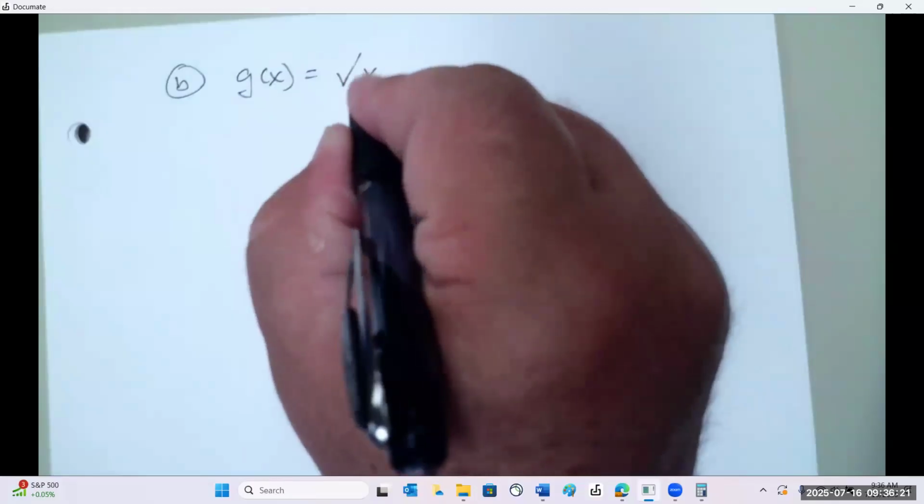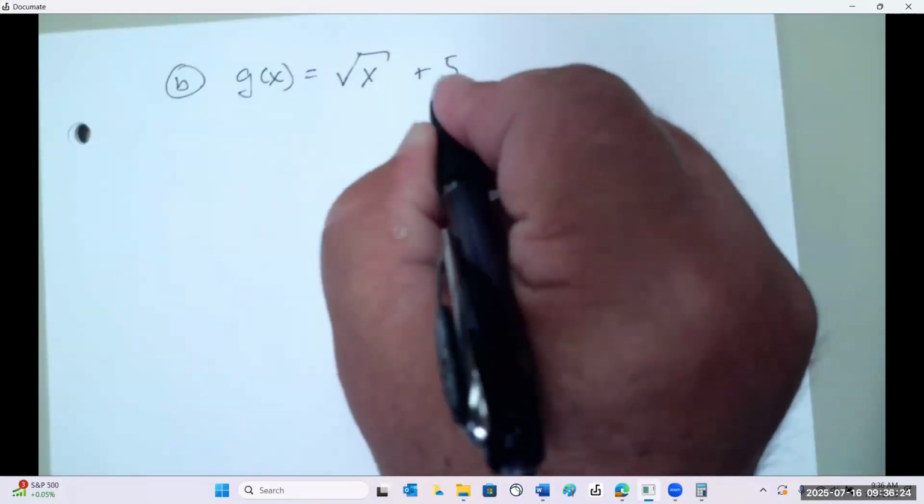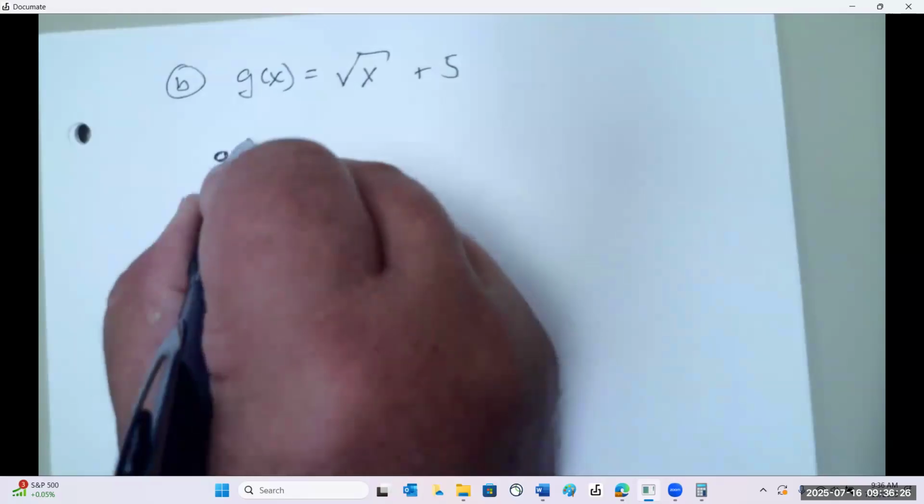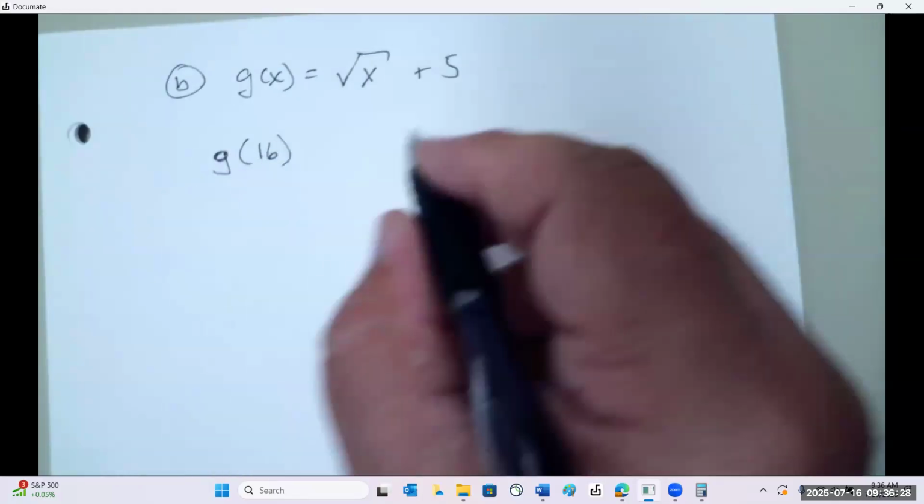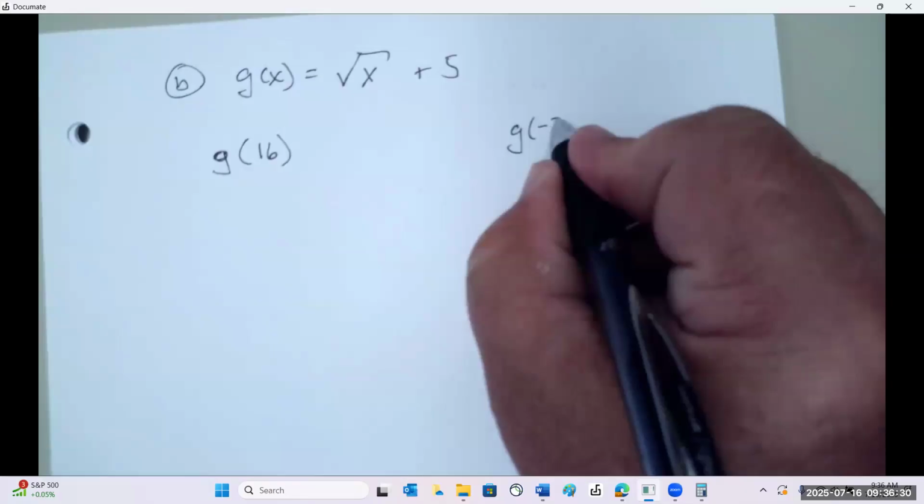All right, B. G of x is equal to the square root of x plus 5. G of 16 and G of negative 7.